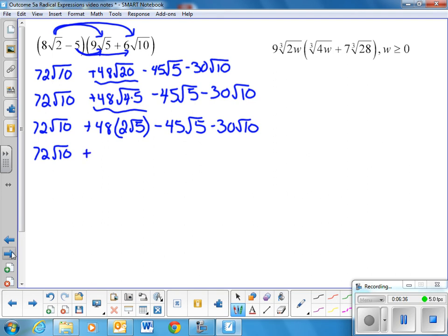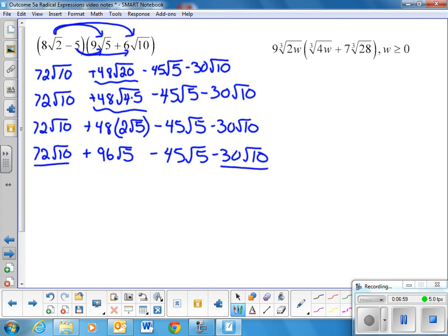Sorry, 48 times 2 is 96 root 5. Minus 45 root 5 minus 30 root 10. Now we can look for like radicals that we can combine. So we have two terms that are square root 10s.